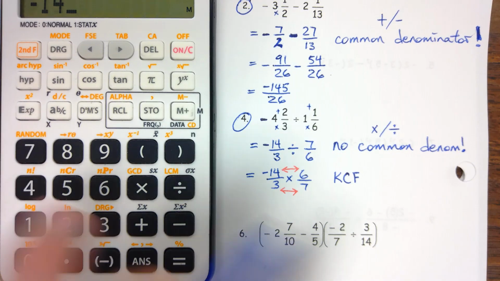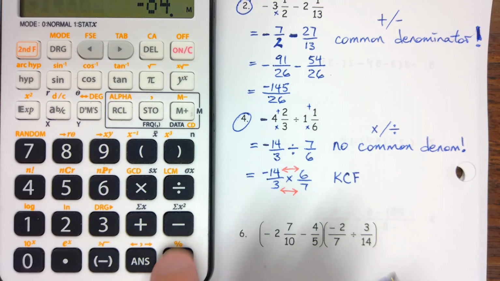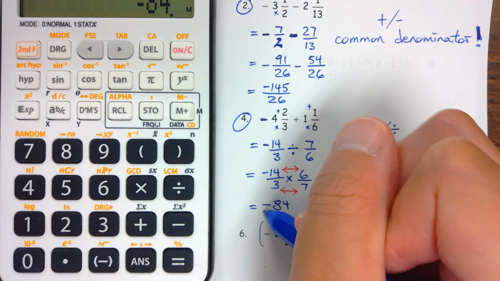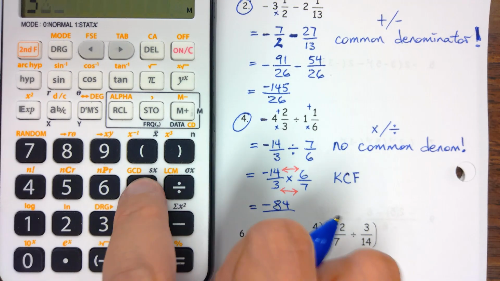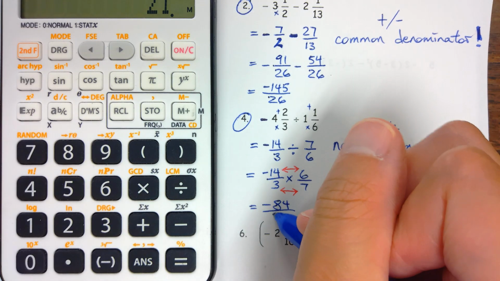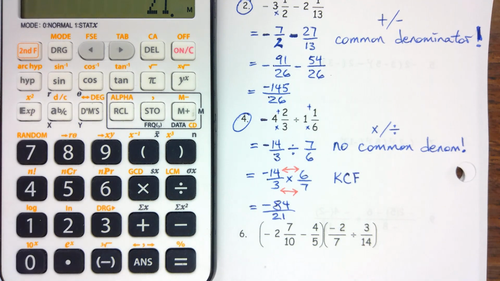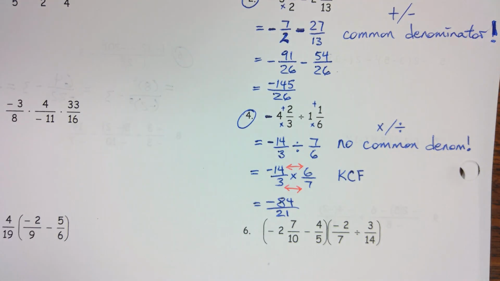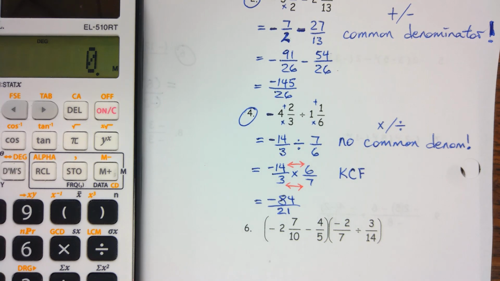So negative 16 times 6, negative 84. 3 times 7, 21. Okay, is this a good final answer? Will I get full marks? Why not? It's not reduced. What goes into both?